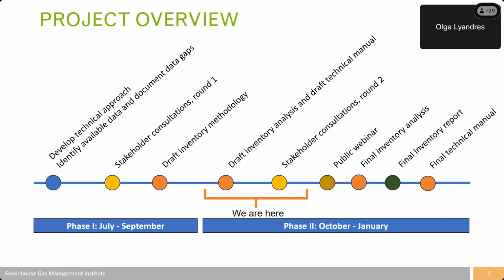Following that, there will be a public webinar to share the preliminary results, and then based on all the feedback that we receive, finalizing the inventory results, inventory report, and then finalizing the technical manual, which will then enable the state to continue doing this cycle in the future. Next slide, please.